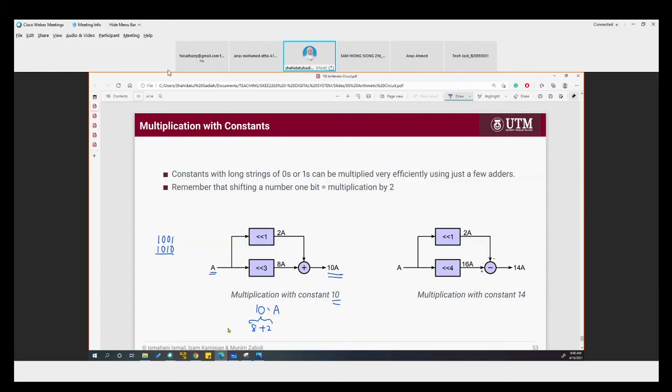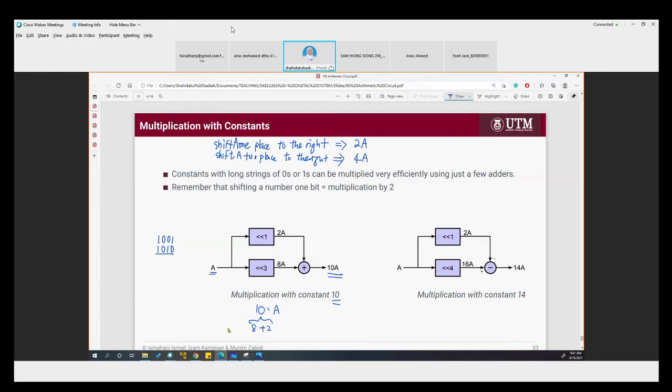Okay, remember when we shift one place, shift A one place, you will get 2A. Shift A 2 places, you will get 4A.